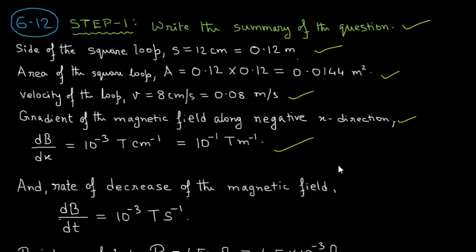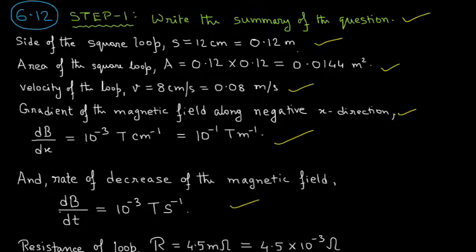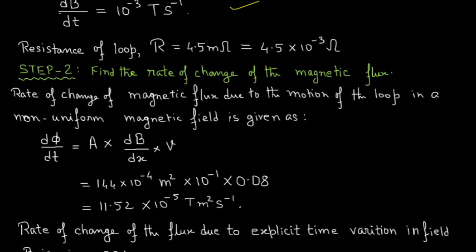The rate of decrease of the magnetic field, dB by dt, is equal to 10 to the power minus 3 Tesla per second. Resistance of the loop R is equal to 4.5 milliohm, that is 4.5 multiplied by 10 to the minus 3 ohm. Step 2. Find the rate of change of the magnetic flux.